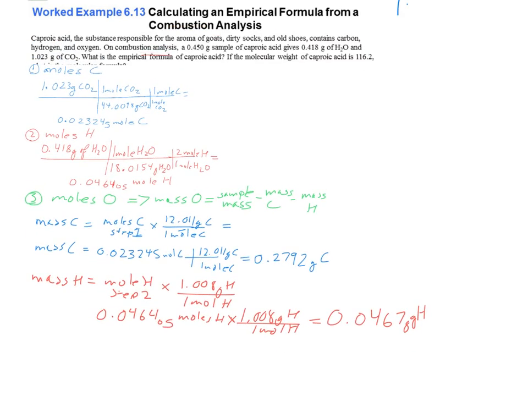So now I can get my mass of oxygen, which is what we started this thing for. So my mass of oxygen is equal to the mass of my sample from the problem, right? 0.450 grams of sample minus the mass of carbon in the sample minus my mass of hydrogen.